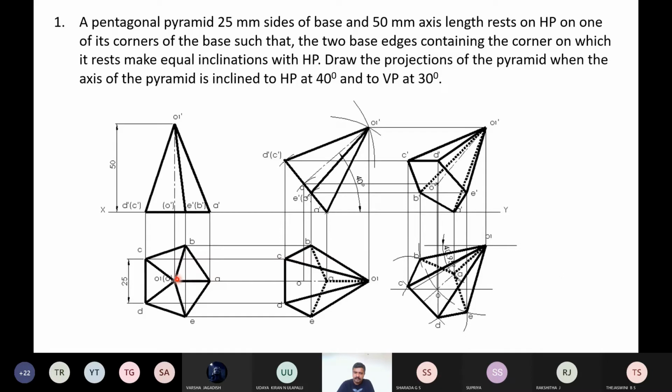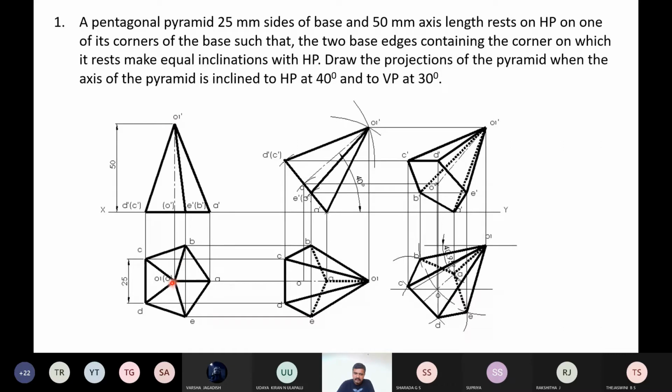First you should draw the pentagon, then you should connect all corners to the center. In the case of a pyramid, it is very important. You should locate the center of this pentagon, then connect all corners to the center. This is O1, so O1 is the apex.